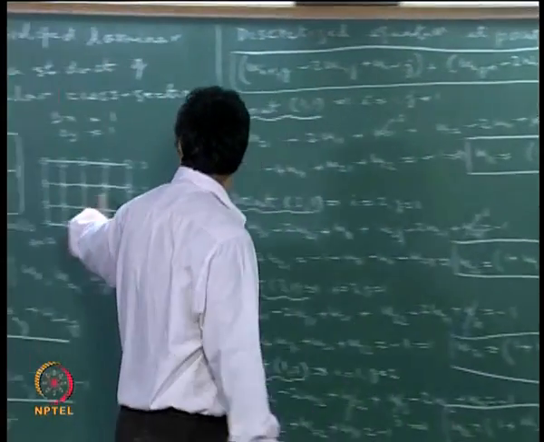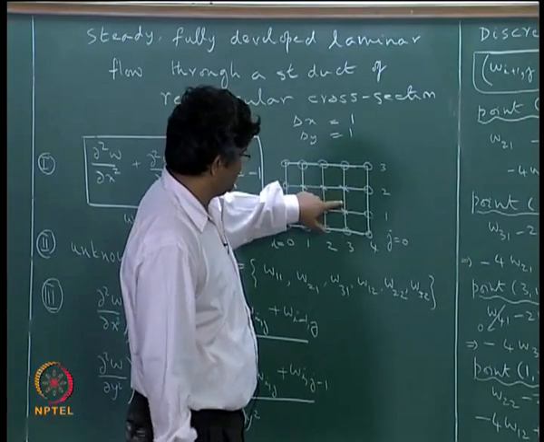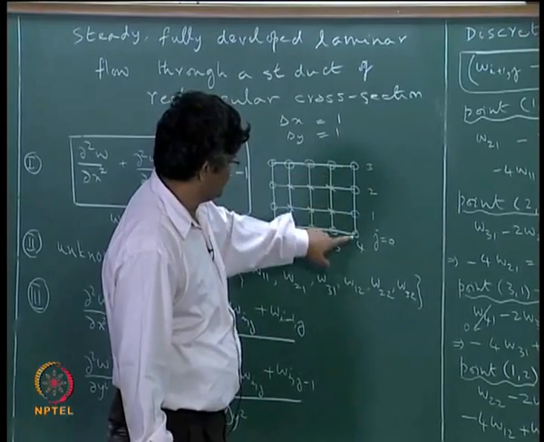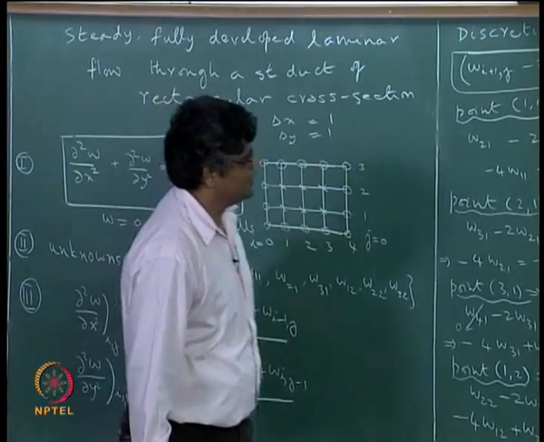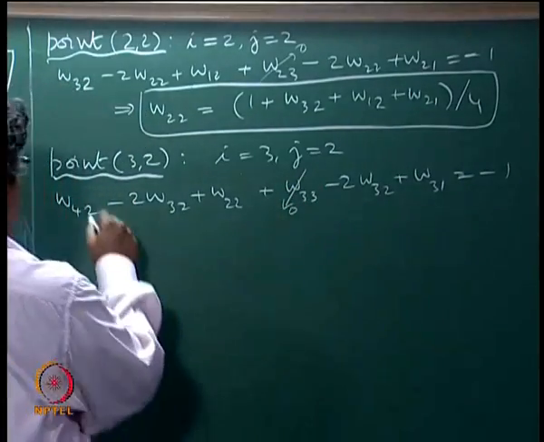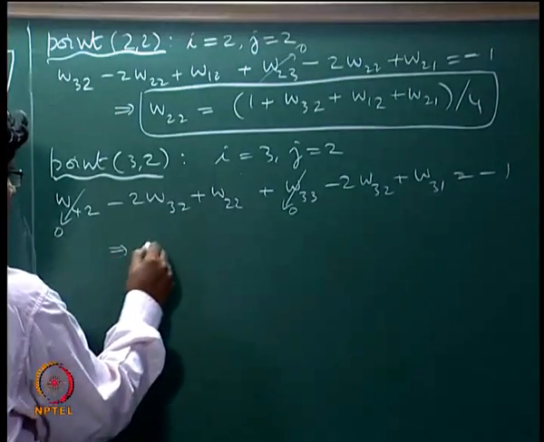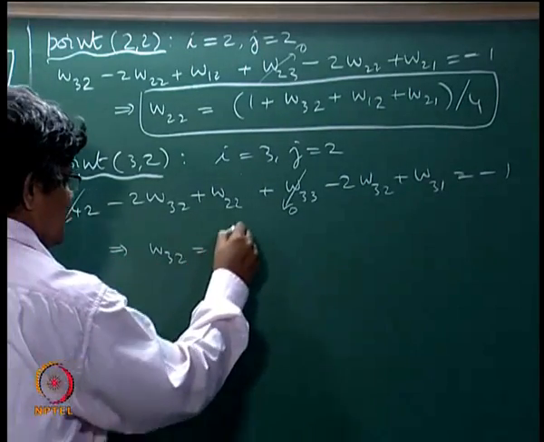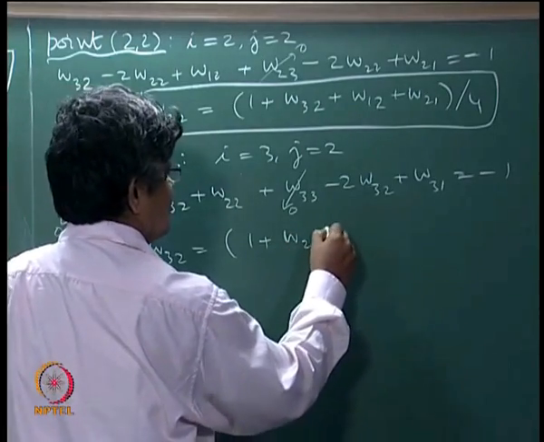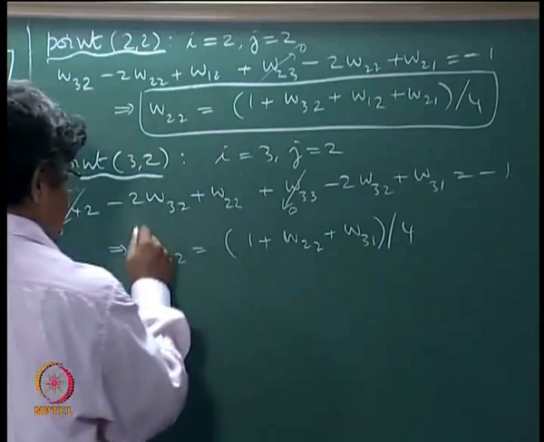Here we are considering this point, so this is an average of these 4, so there should be one boundary point here and one boundary point here, that is 4 2 and 3 3. So this is 0 and 4 2 is 0. So we can write from here W32 is equal to 1 plus W22 plus W31 divided by 4.